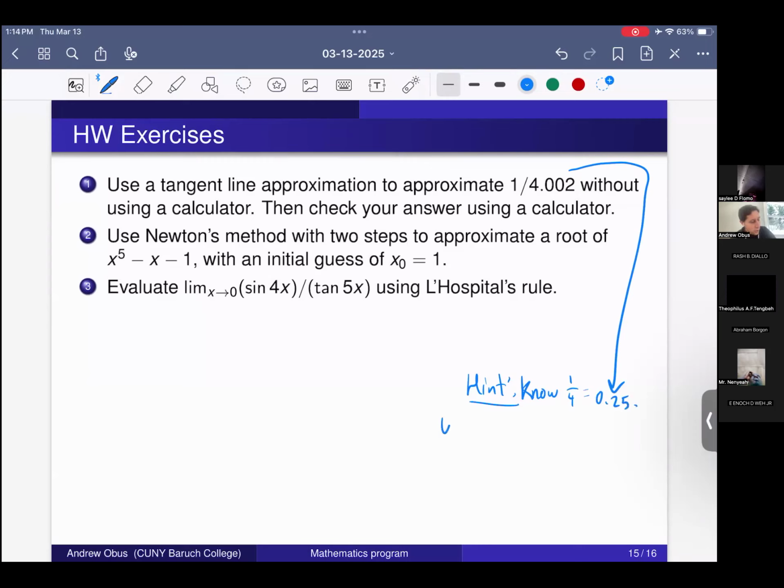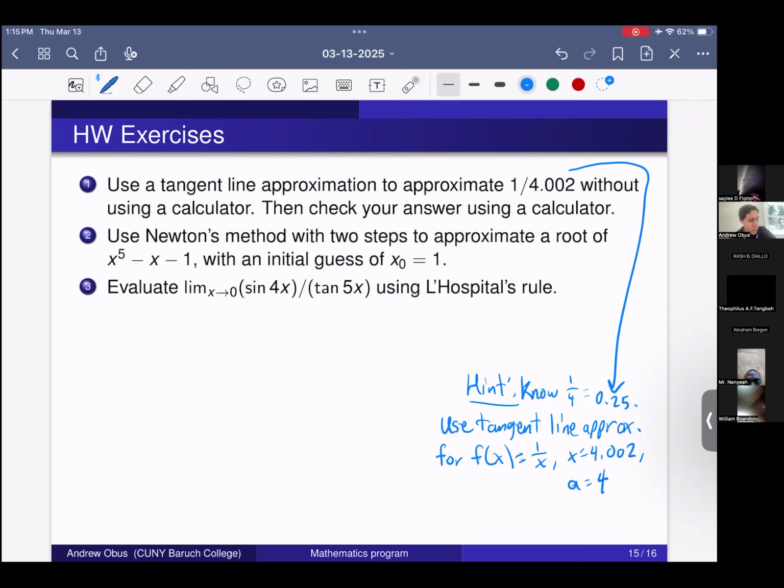So what you want to do is use a tangent line approximation for f of x equals 1 over x with x equals 4.002, and a is the closest value that you know, that's going to be 4.